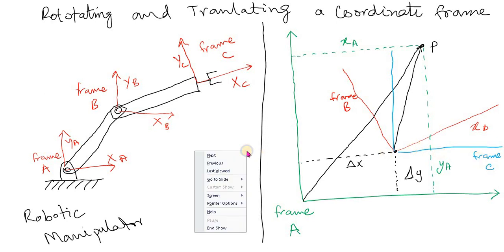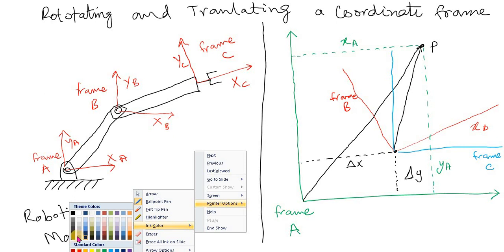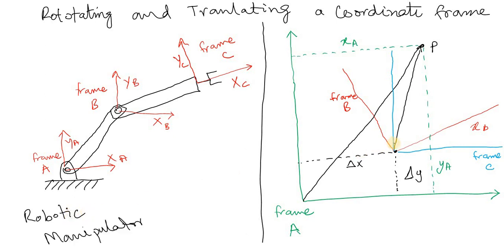So here we try to find the angle. Let's say this angle is theta. It means frame B is rotated by theta with respect to frame C, and the angle between frame B and your vector is phi.